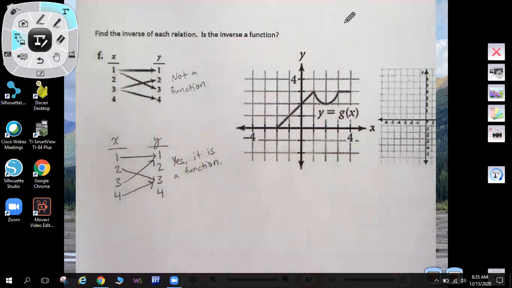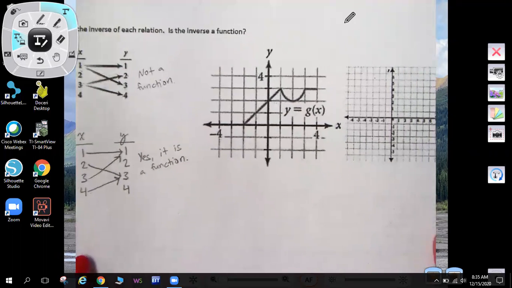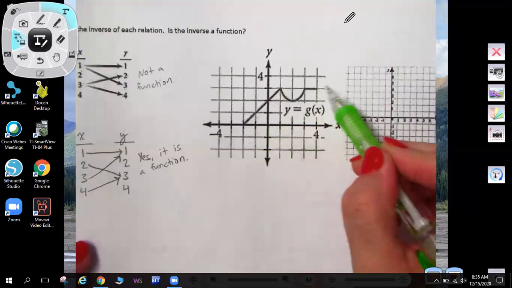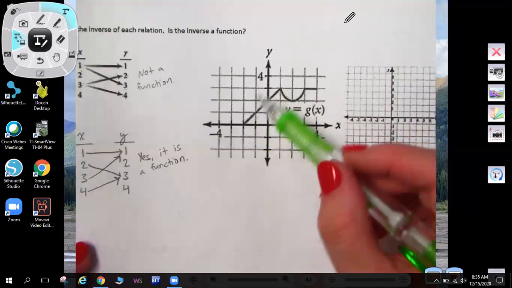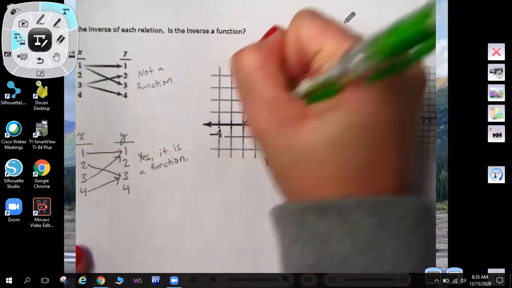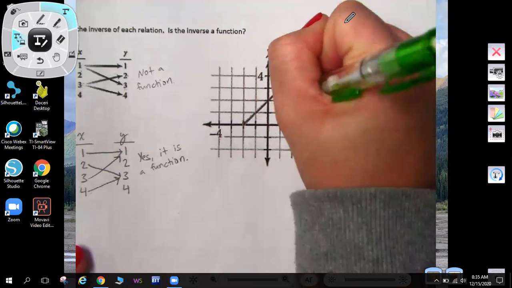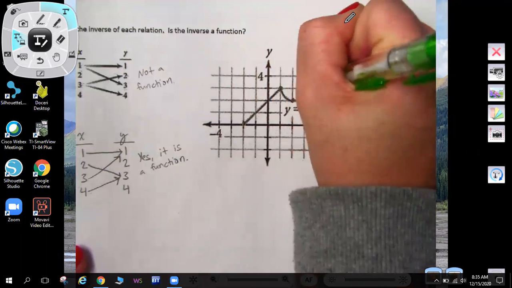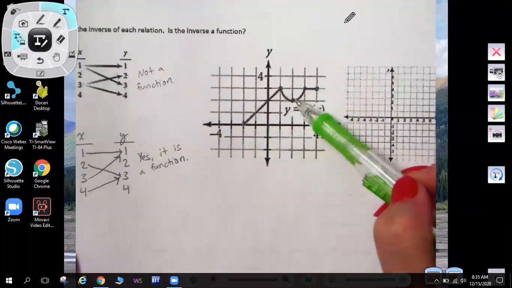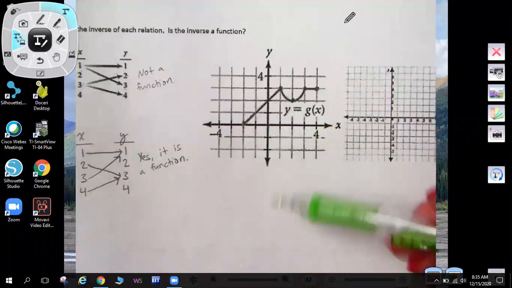All right, let's look at the graph. We're given a graph of ordered pairs. For example, I'm just going to choose a few points on this graph. And each one of these points has X and Y values as an ordered pair.